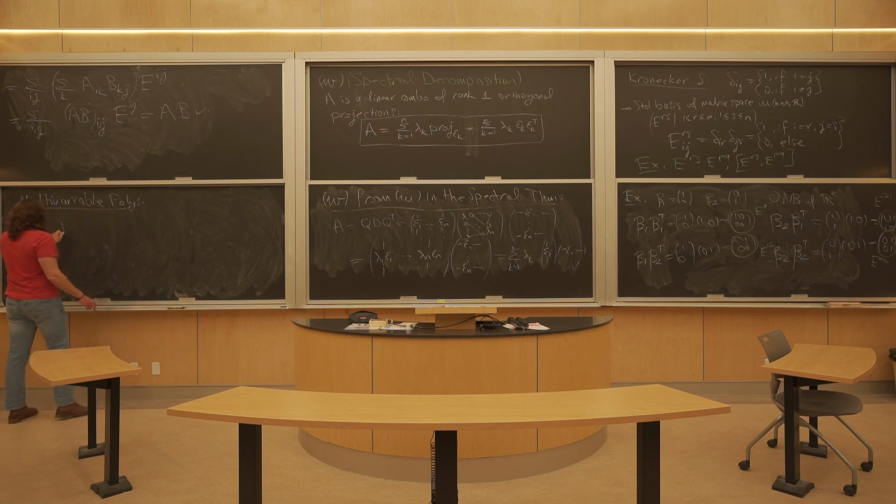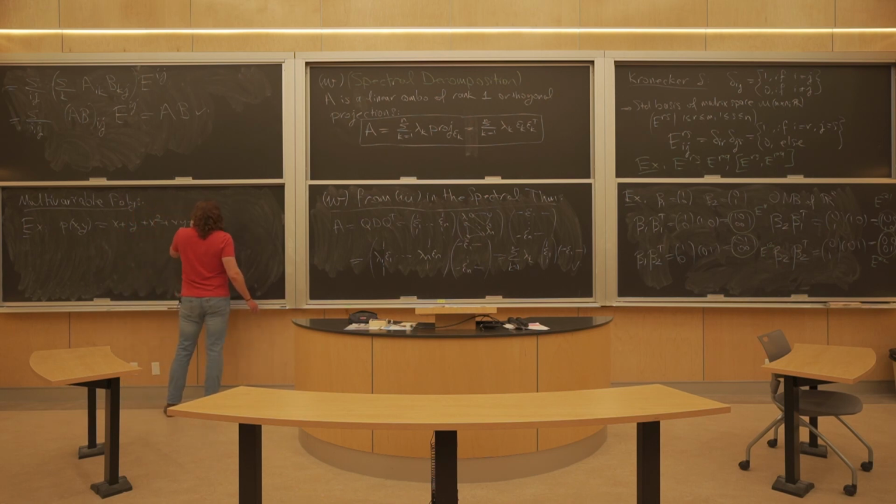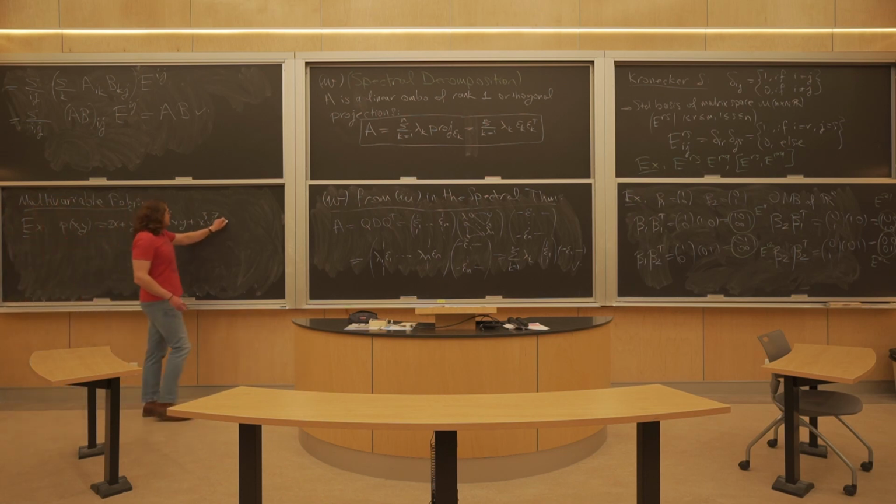A polynomial, for instance, I can think of this, p of xy, right? So x plus y plus x squared plus xy plus x cubed y to the 7. That's a polynomial of 2 variables, and I can put numbers if I wanted. Minus 2 here, 5 here, and so on.